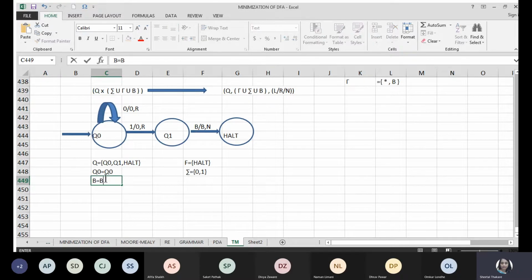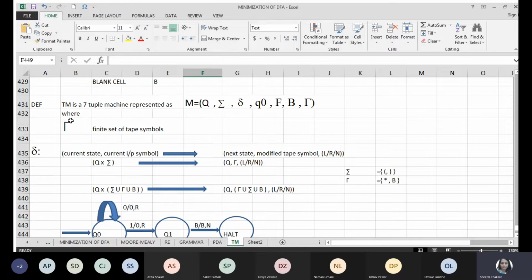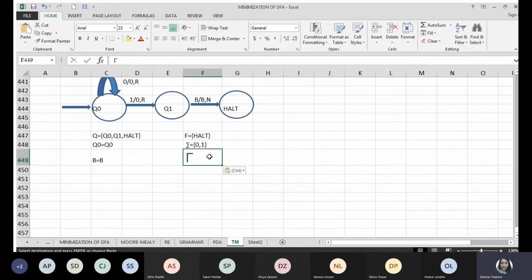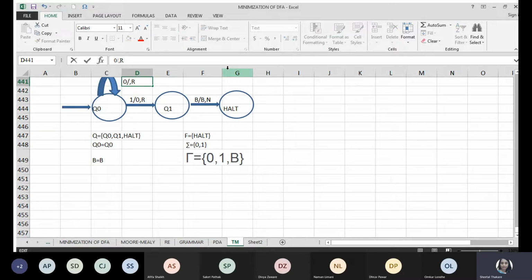Blank is represented by capital B only, whereas gamma here is representing 0, 1, B. If in case you have 0 represented by X, 1 represented by Y, then instead of 0 1 you will have X and Y here.